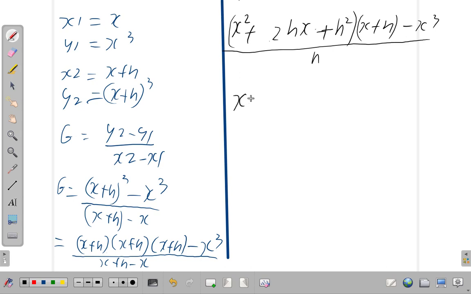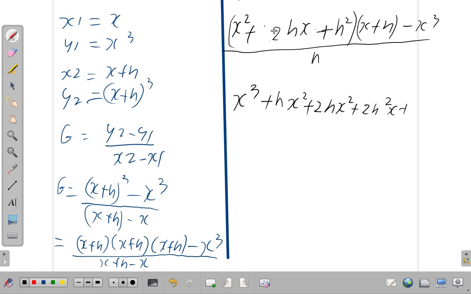So we have x cubed plus x squared times h, which is hx squared, plus this one now, 2hx times x would be 2hx squared, plus 2hx times h, which is 2h squared x, plus this one now.